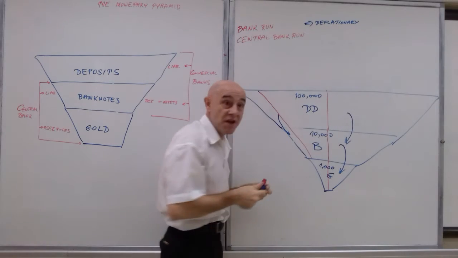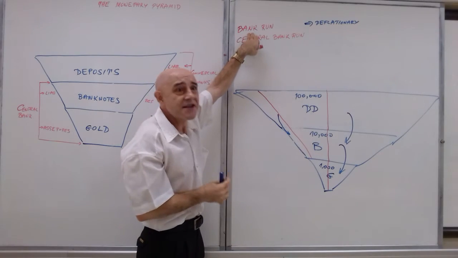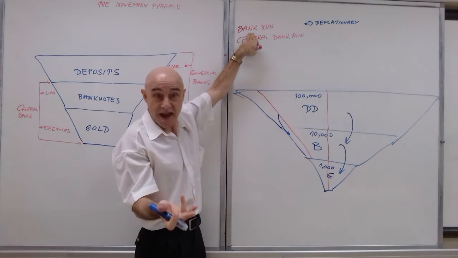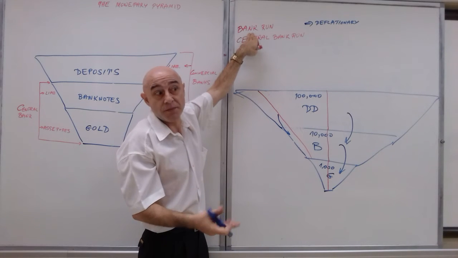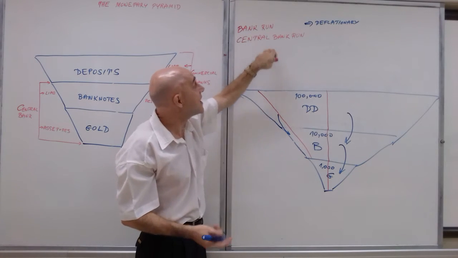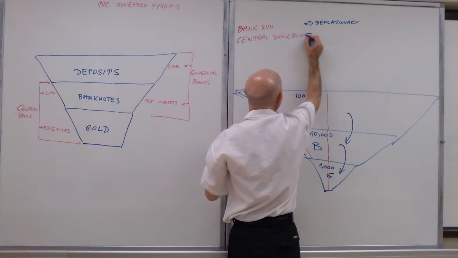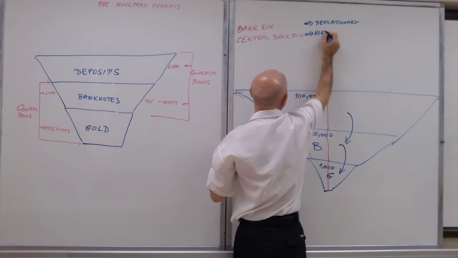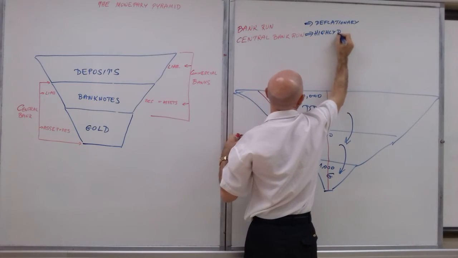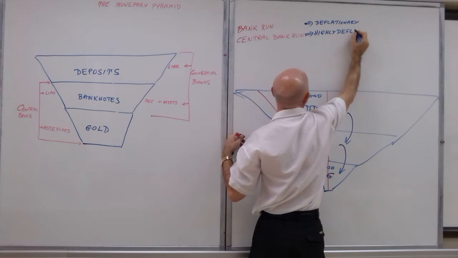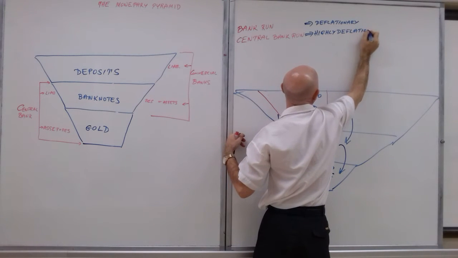A bank run means rising demand for cash and falling demand for deposits, okay? And a central bank run is highly deflationary.